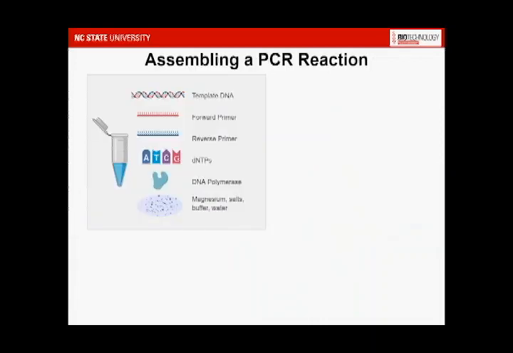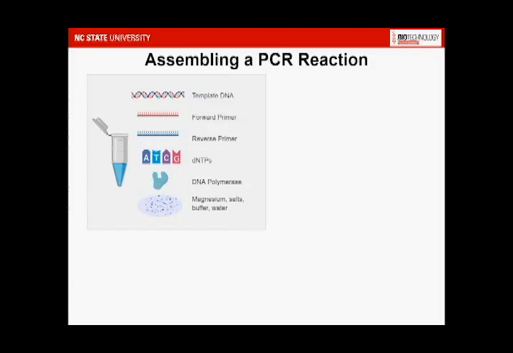Now that we've learned about PCR, let's talk about how to assemble and run a reaction in the laboratory. The reaction mixture contains template DNA, forward and reverse primers at molar excess, dNTPs, DNA polymerase, and the magnesium, salts, or other buffer components that are necessary to support denaturation, annealing, and DNA polymerase activity.